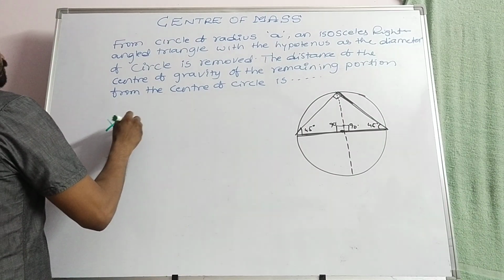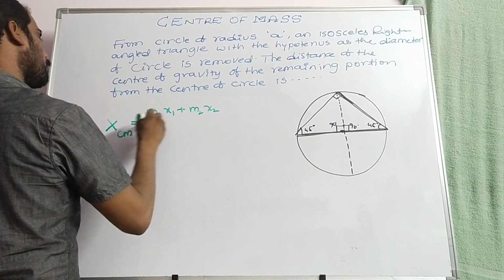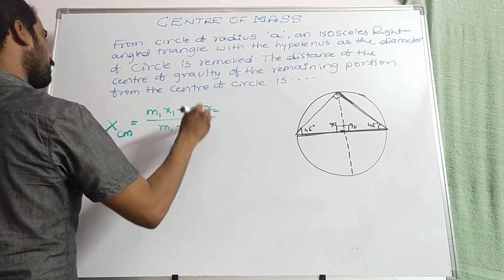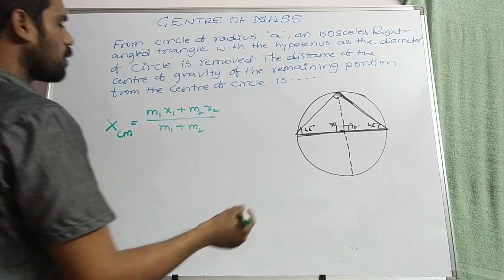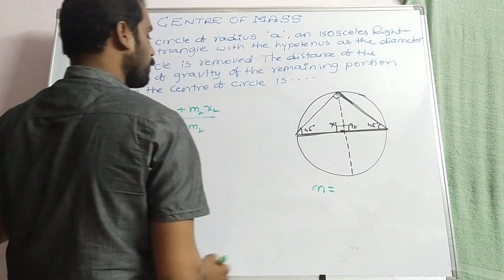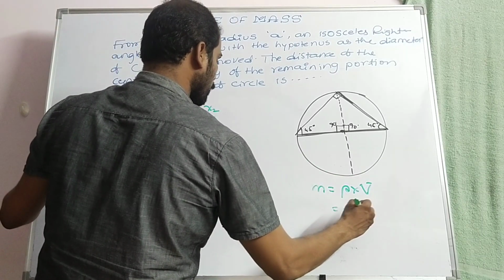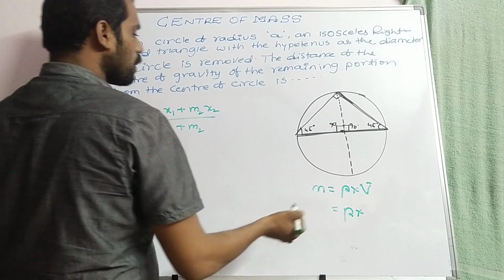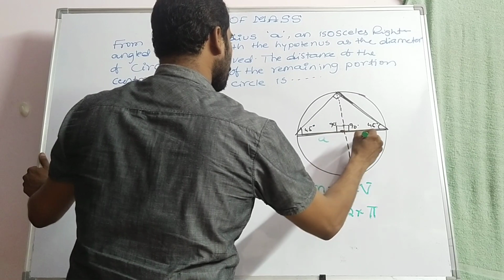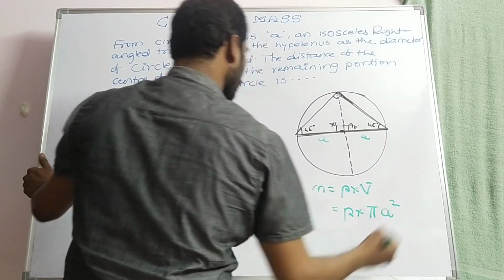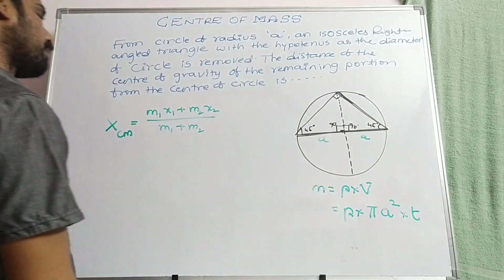So now XCM is equal to m1 x1 plus m2 x2 by m1 plus m2. What about the mass of the circle here? Mass of the circle m is equal to density into volume, that is density into area, pi a square, into thickness t.